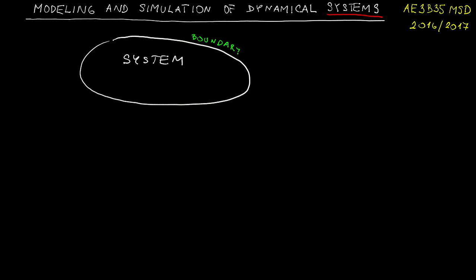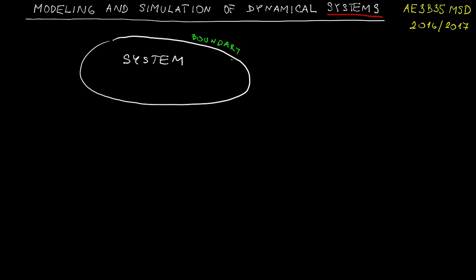You will see later in this course that we are going to consider systems for which the interaction between these systems and their environment is by means of energy exchange. Therefore, we need to set the boundary or describe the boundary carefully and accurately.